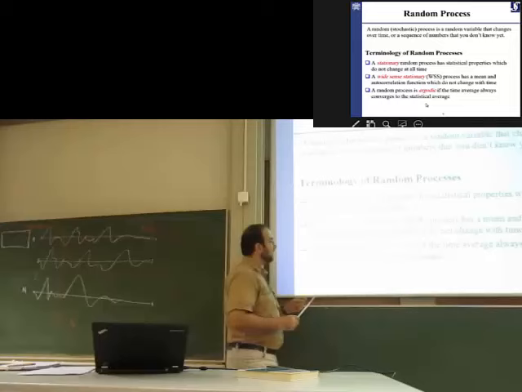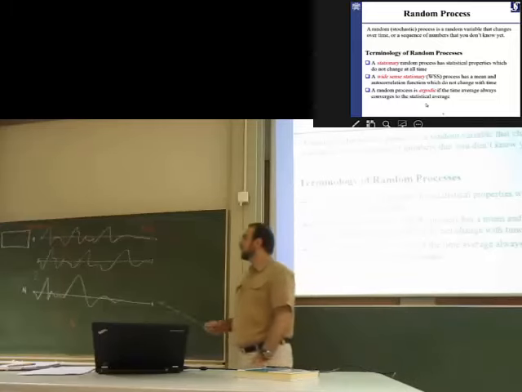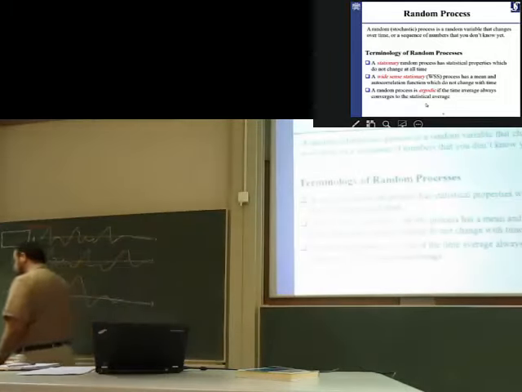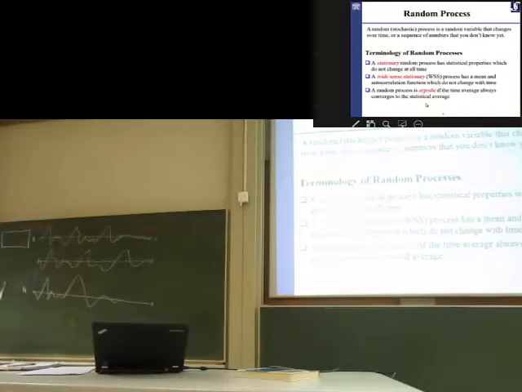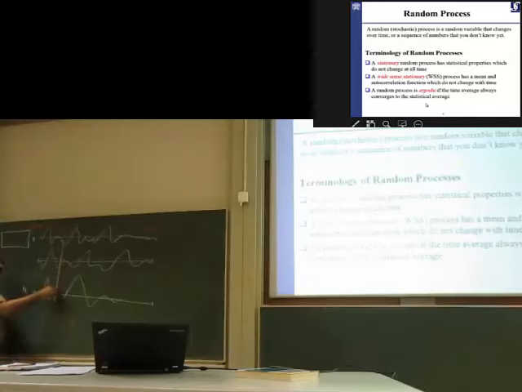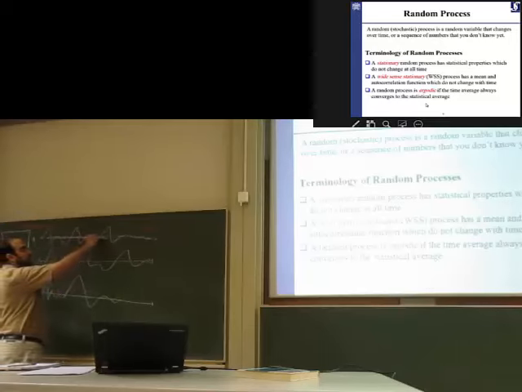And what is ergodic? An ergodic process is a process for which, for example, we say mean ergodic. Mean ergodic is a process in which the mean of this ensemble random variable equals the mean of the time random variable.